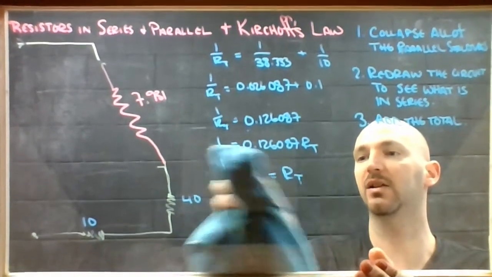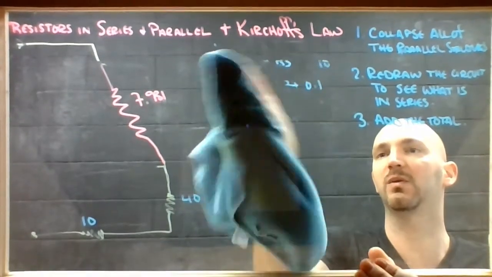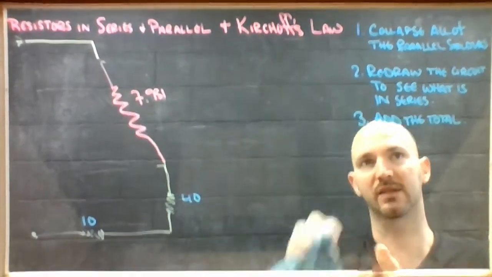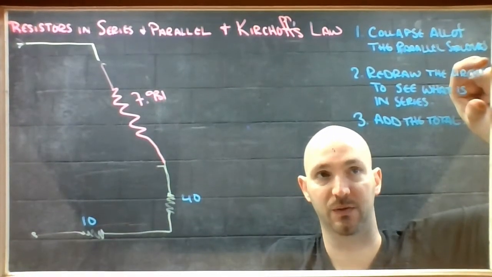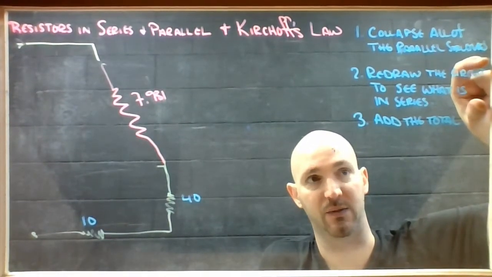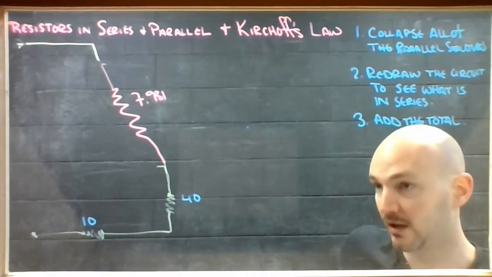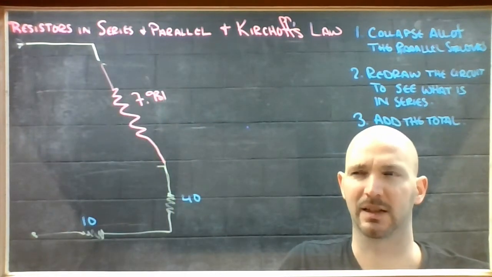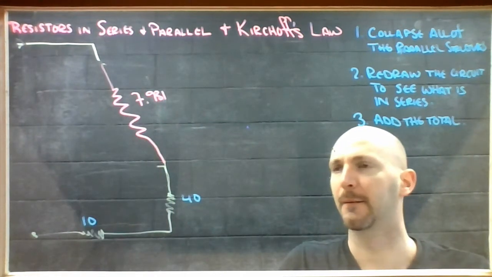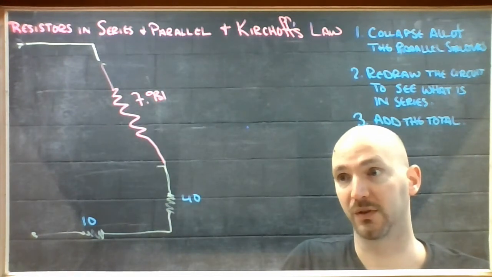I think if I look at that circuit, I have reduced it down to entirely components in series. So I did all that work to do number 1 here and number 2 to redraw it so that I could see what was in series. And now I'm down to step 3 finally, which is just add the total. So all this mess up here, even though I think it had 7 components when I started, is only worth 9.31 ohms of resistance.